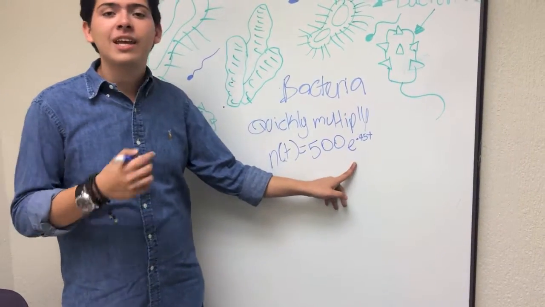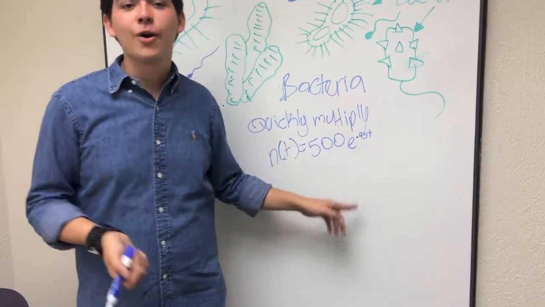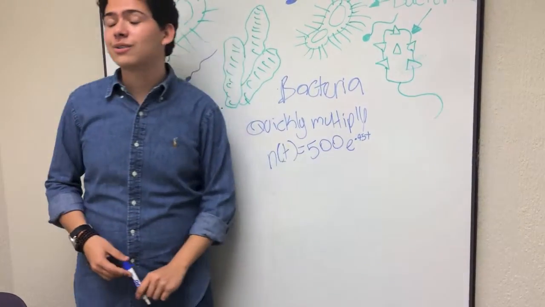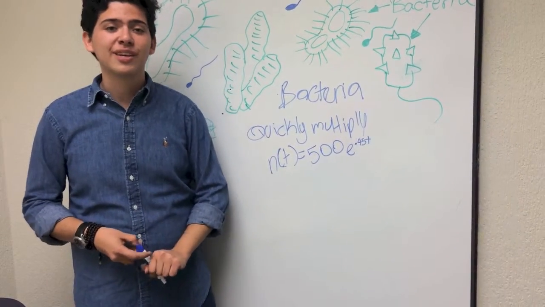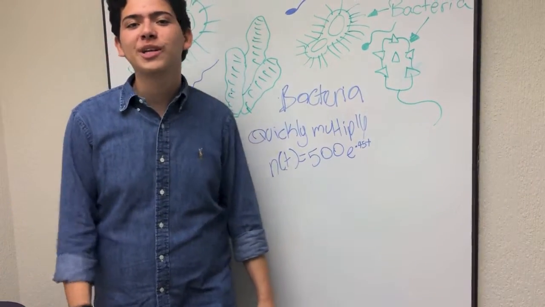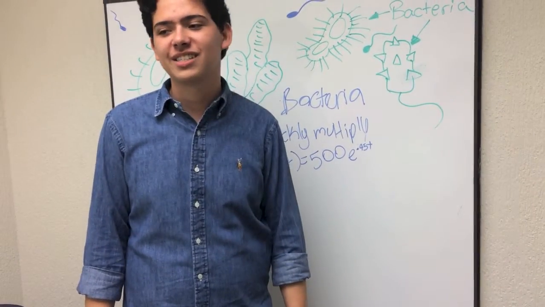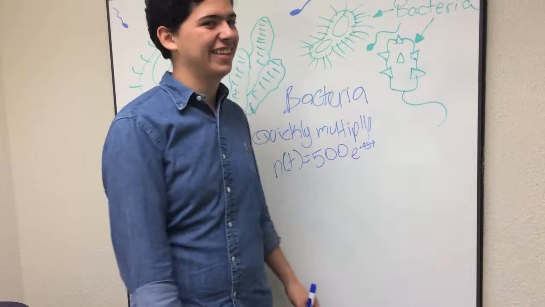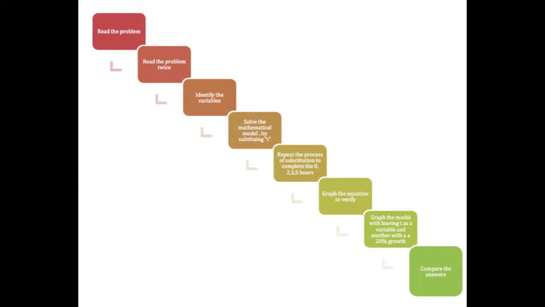Also, e is our base. Okay, so now I want you to answer: how many bacteria is he going to have after 2, 3, 5, and 7 hours? So that's your job. You heard the doctor. We need to do this, and quick. He gave us these simple steps. We just need to follow them.